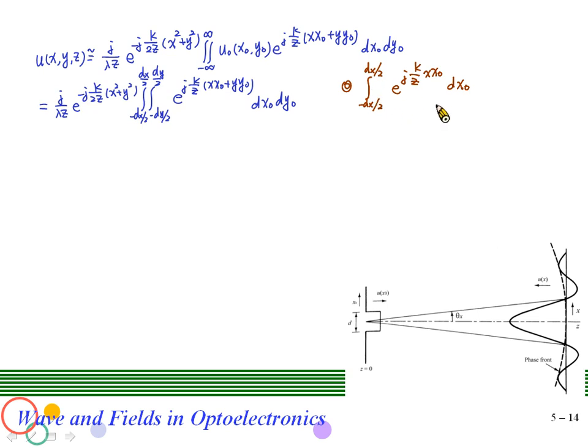So it is a very simple integral. You can obtain the result to be this equation. And take these two values into this one. The integral will be as the following form.